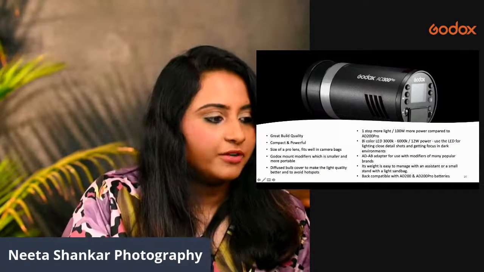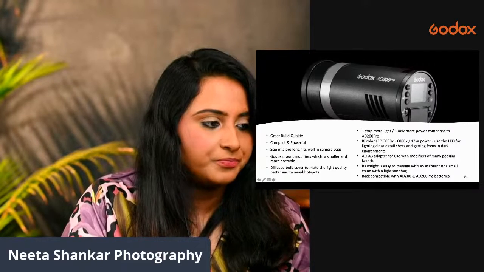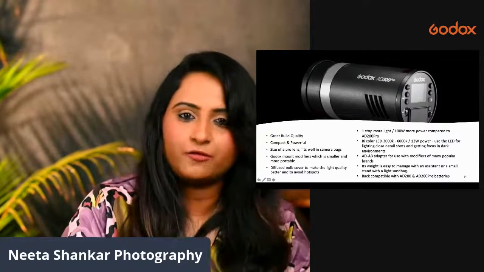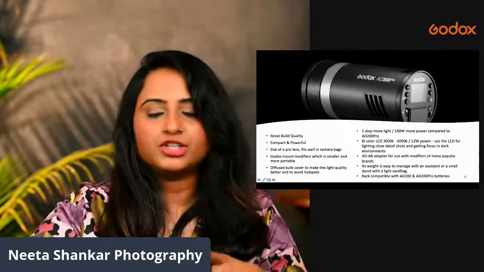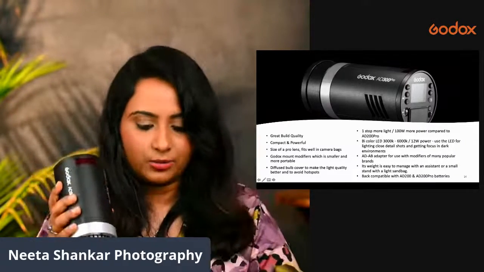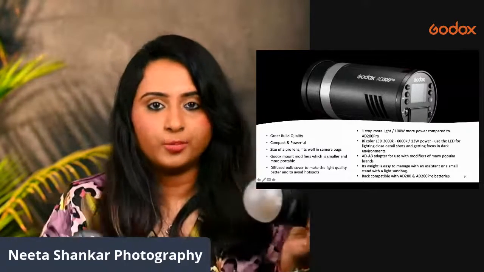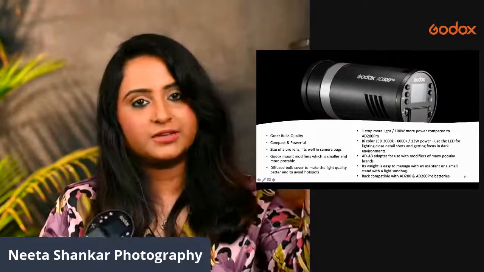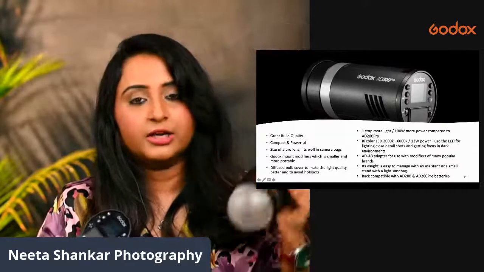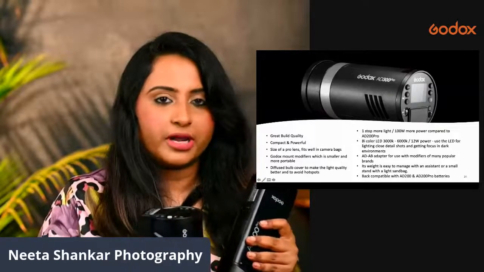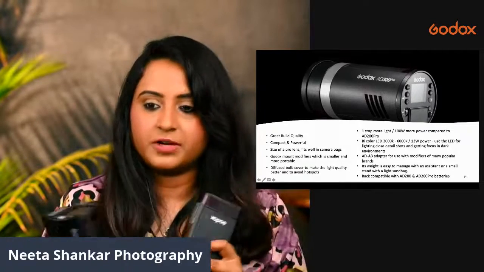Apart from that, like I said, it's really portable, so it becomes easy for an assistant to hold. Just like the AD200, that was the biggest reason why I initially bought the AD200, because it's very easy for someone to just hold it in their hand. You don't always need a light stand, because in weddings you are not always able to set up a light stand in every place and then move it around.